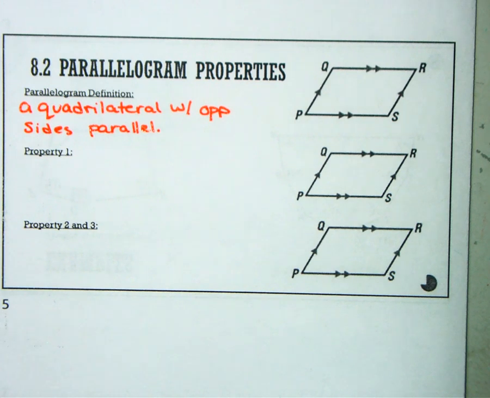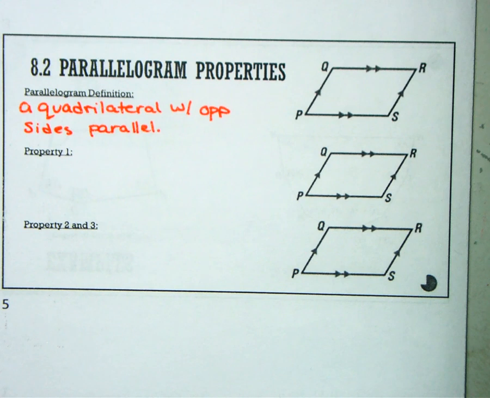So we went through a whole section and really a whole unit talking about what happens when lines are parallel. Why did we do that? Because of this. Why did we talk about what is special when lines are parallel? Because parallelograms have parallel lines.